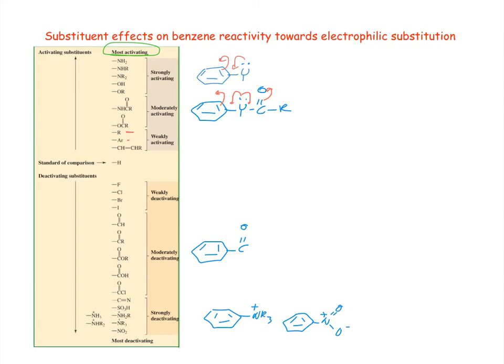Okay, and this is kind of an interesting one here. So they've put this in order, if you can see it. It goes from fluorine to chlorine to bromine to iodine, meaning that iodine is more deactivating than fluorine is. Does that make sense to you?